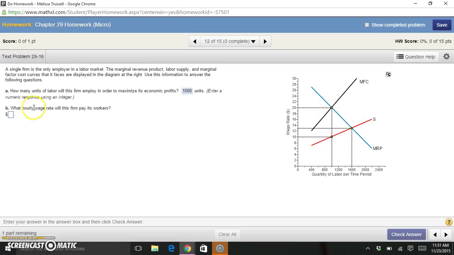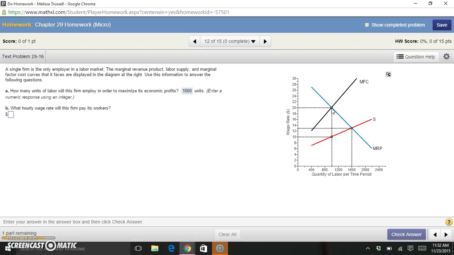The next question is, what are we going to pay these workers? Remember, in the product market, for a monopolist, which is what we have here because only one firm is an employer, we would determine how many we'd produce based on where marginal revenue and marginal cost were equal, but then we'd determine our price based on the demand curve.